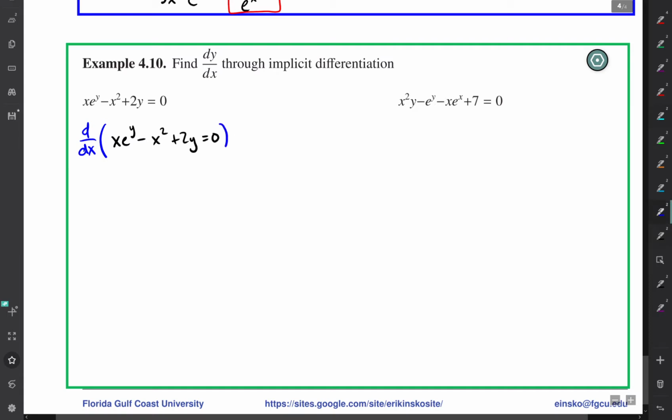Okay, and that's equal to d/dx of each one of these terms by itself.